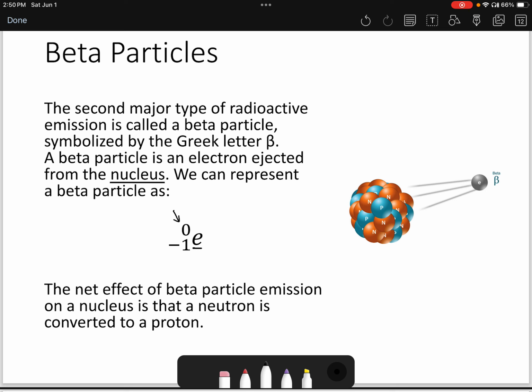Their mass is essentially 0, so here we write the mass number as 0. Down below we have a -1. The reason for that is when a beta particle is emitted, a neutron in the nucleus is converted into a proton. So we're actually going to see the absence of a proton in a beta particle, if that makes sense. We'll talk more about this later if it doesn't quite make sense yet.